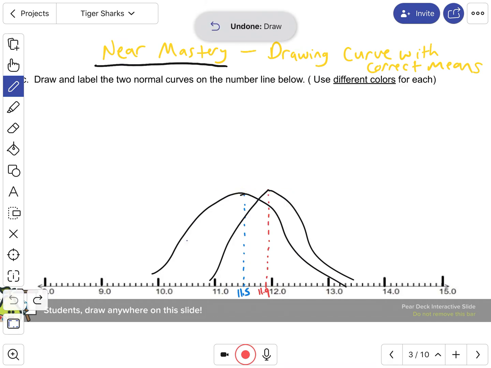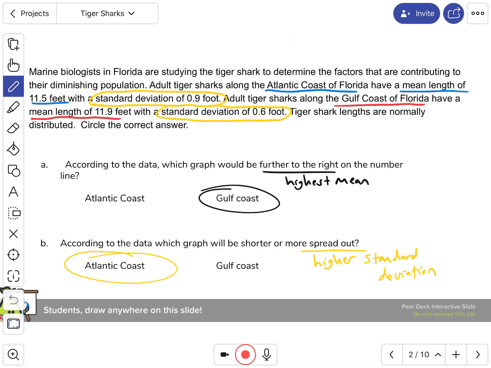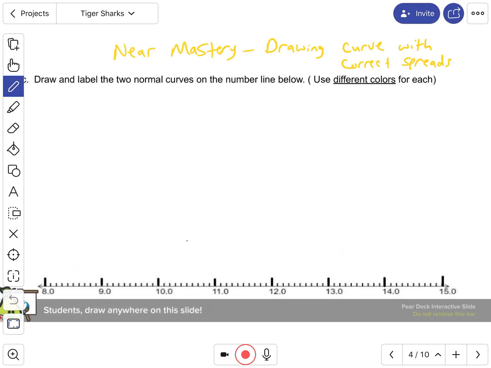And so if you have another example of near mastery, well, you can imagine that the Atlantic coast, which is blue, should be more spread out because it has a higher standard deviation. It should be more spread out than the Gulf Coast. The Gulf Coast should be more narrow. So imagine maybe making a really narrow Gulf Coast and a really wide Atlantic coast.